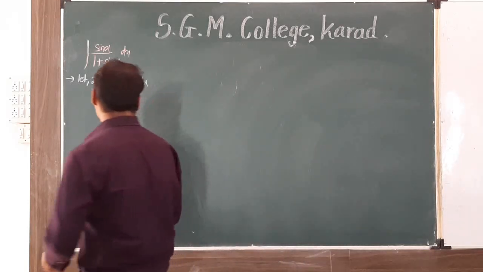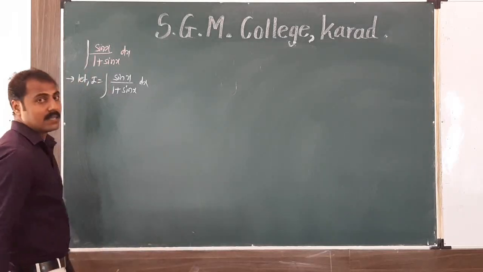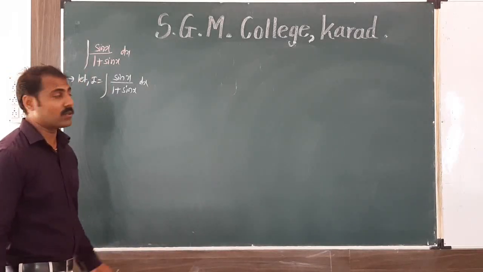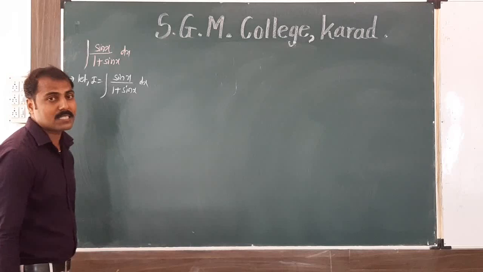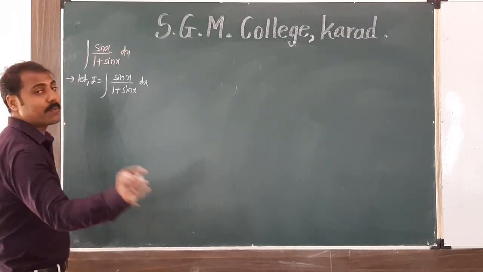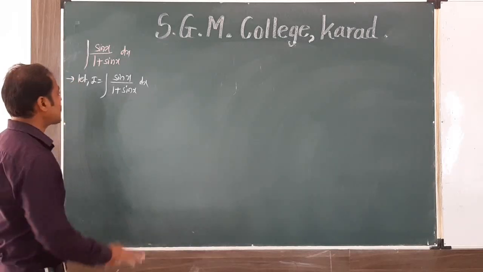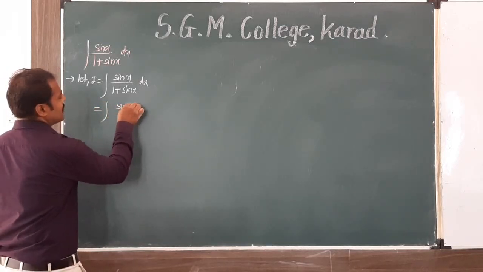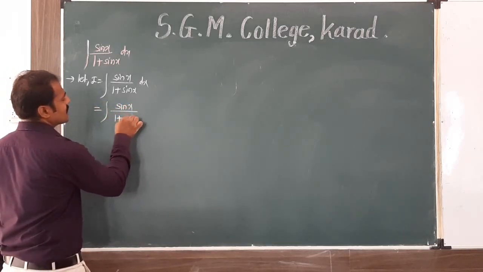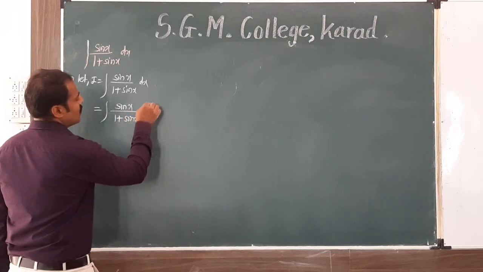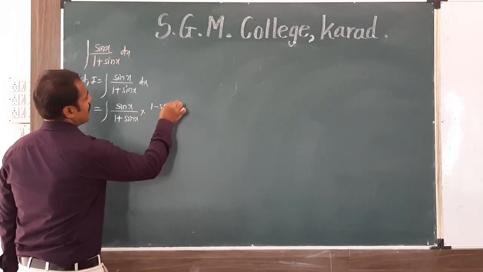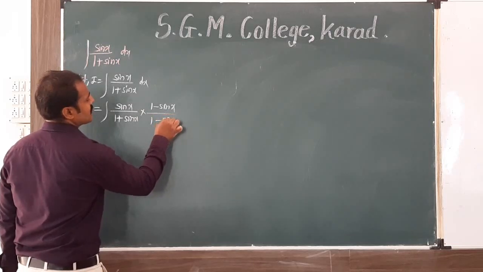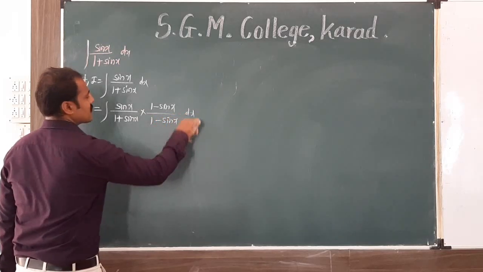Here in denominator there is term 1 plus sin x, and we know that conjugate of 1 plus sin x is 1 minus sin x. So multiplying by which term? 1 minus sin x. So the integration becomes sin x divided by 1 plus sin x into 1 minus sin x divided by 1 minus sin x dx.